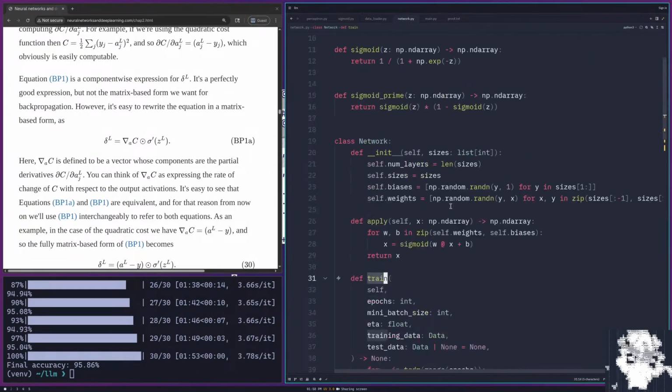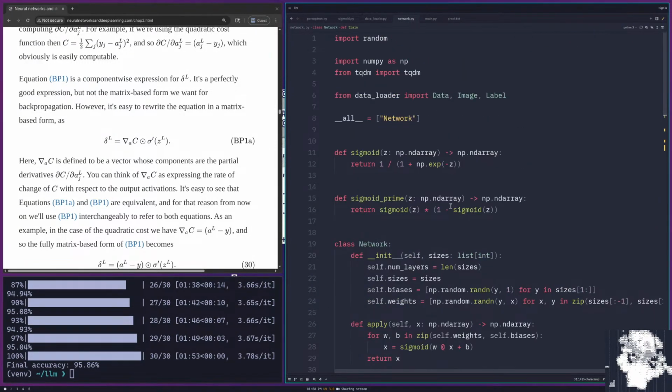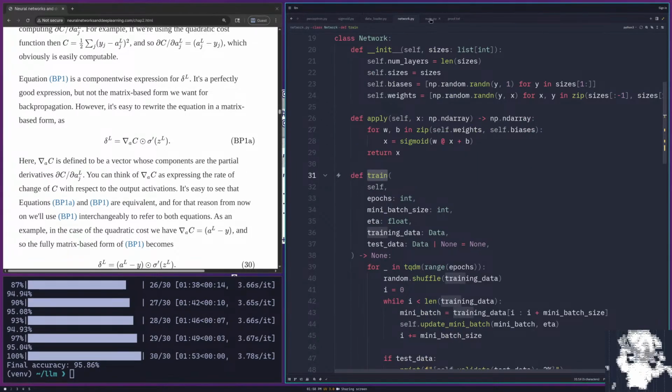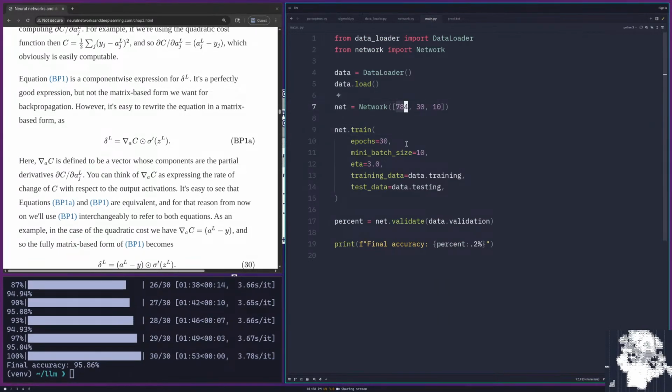It's a network of sigmoid neurons that has 784 neurons in the input layer, 30 in the hidden layer, and 10 in the output. The weights and the biases of the neurons are encoded in a list of weight matrices and a list of bias vectors to do the forward propagation.